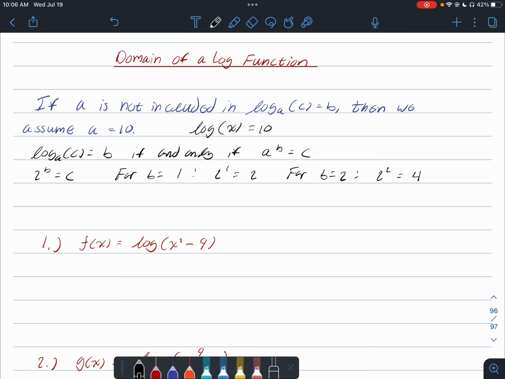What if we go to negative numbers? So if we have for b equals -1, we get 2 to the -1 equals 1 over 2 to the 1 equals just 1 over 2. So we get 1/2. For b equals -2, we get 1 over 2 squared, which is 1 over 4.